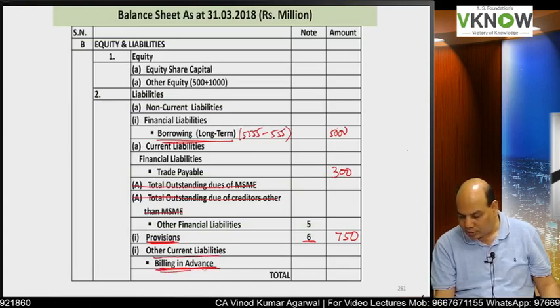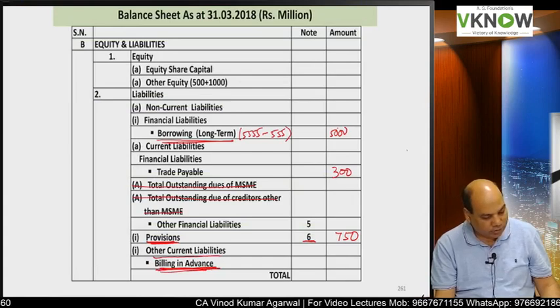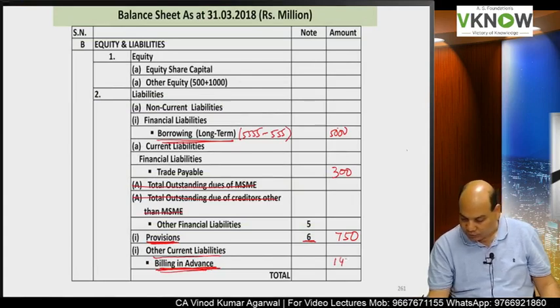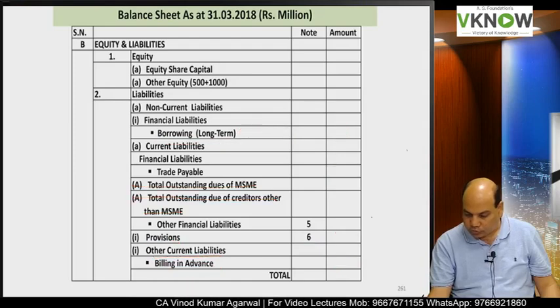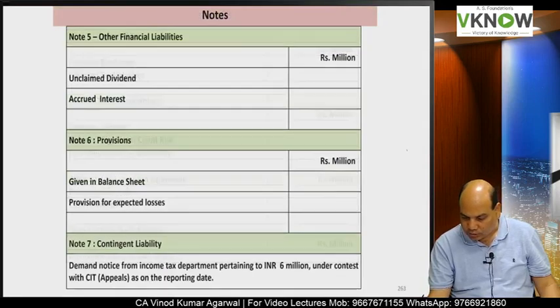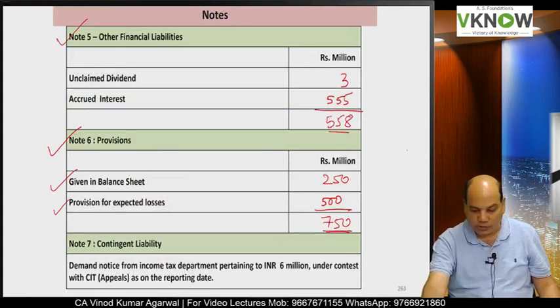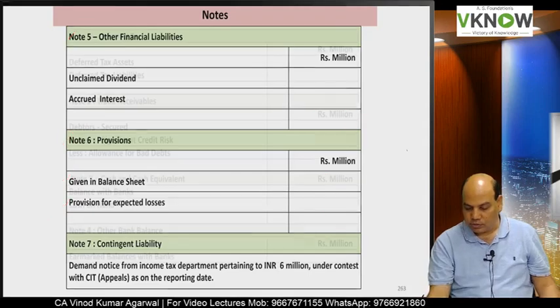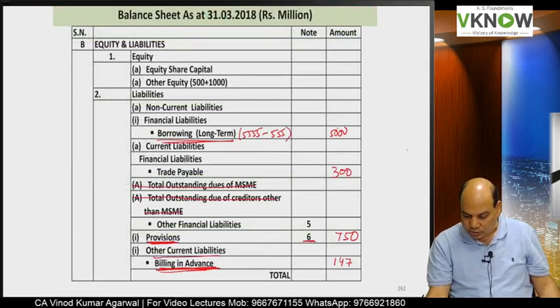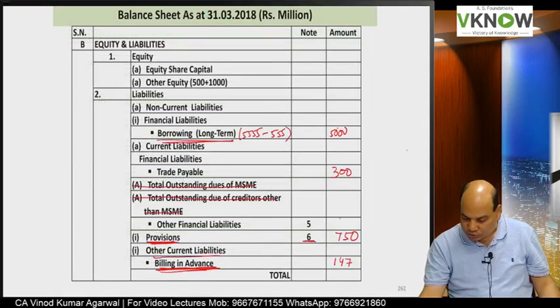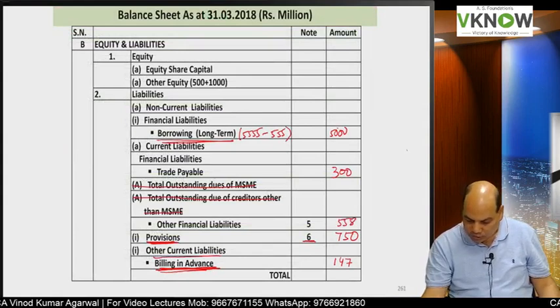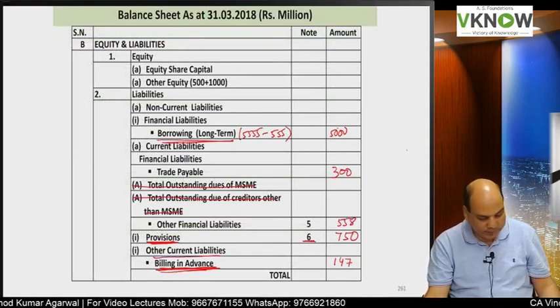Other current liability, last item, billing in advance, 147. So can you take the total of that other financial liability? 558. Is 558 right? So I will go to the balance sheet, other financial liability 558, current liability.